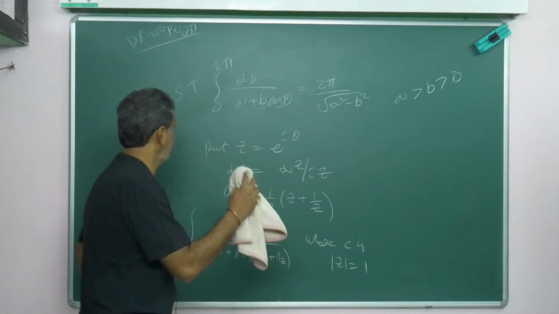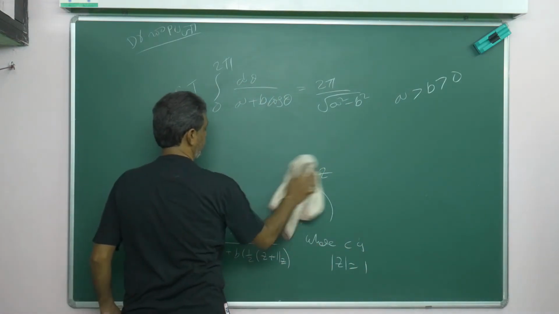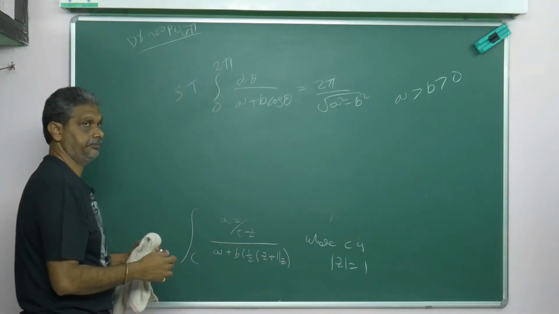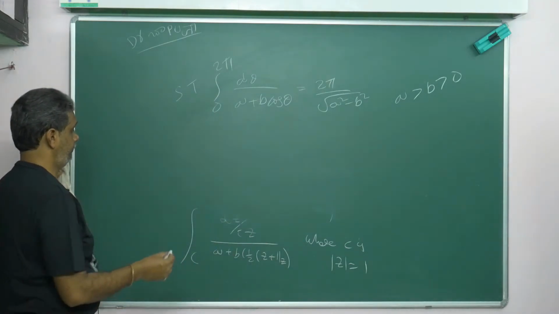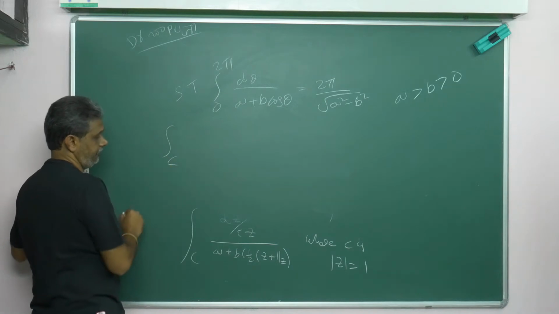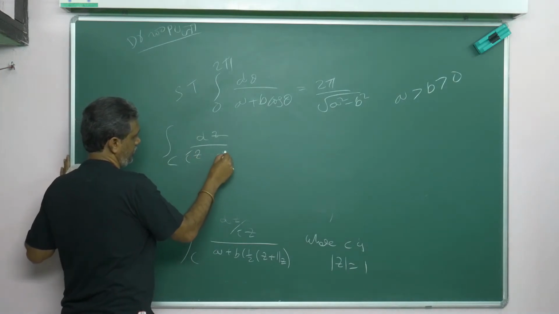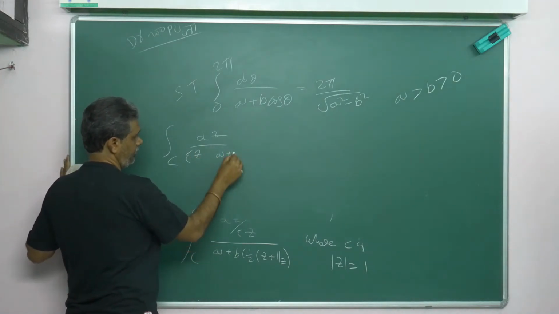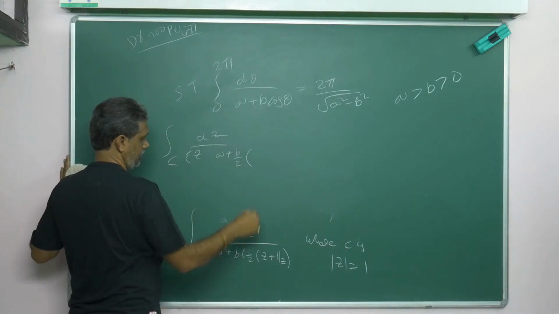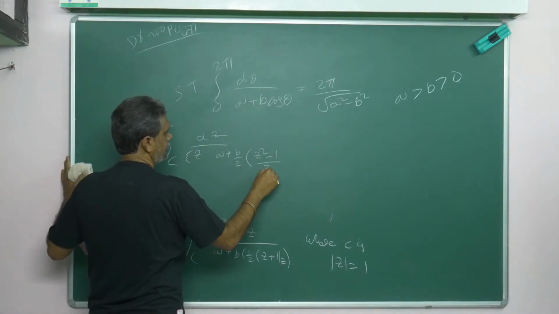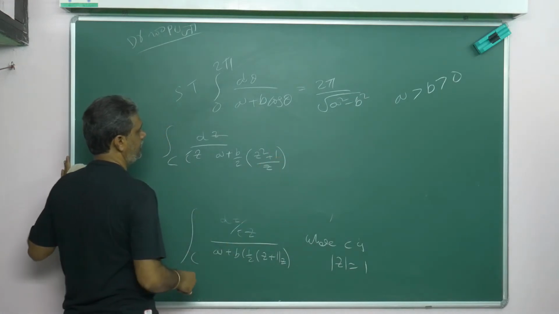So if I simplify, what I will get? Integral over c dz by z, then a plus, this b by 2 we can take outside. Then if you simplify, what you will get? z square plus 1 by z. Getting or not?